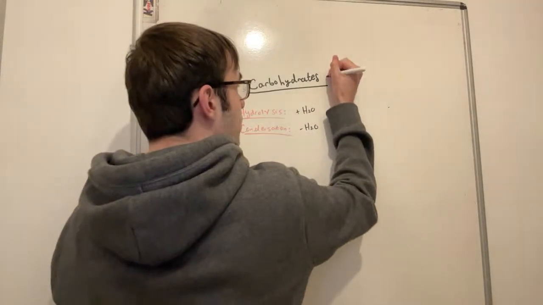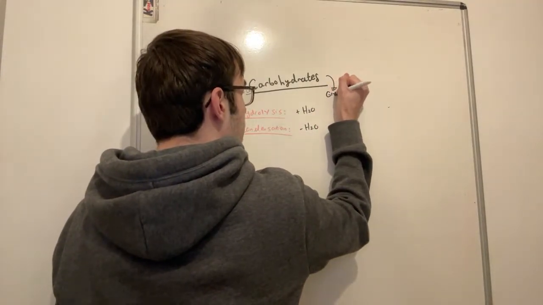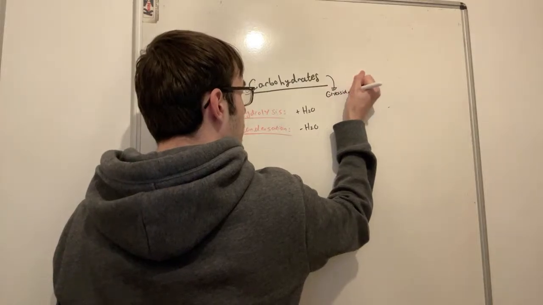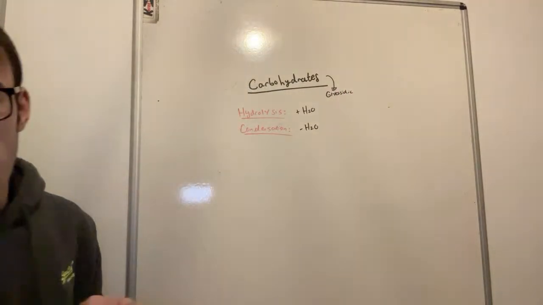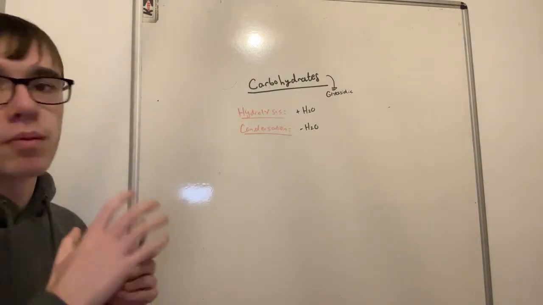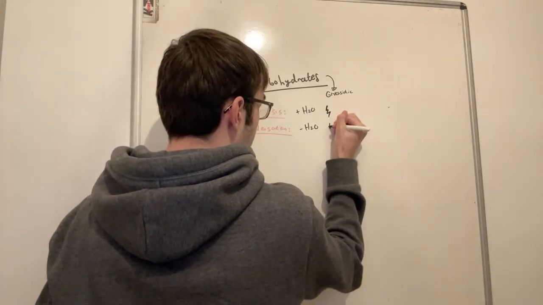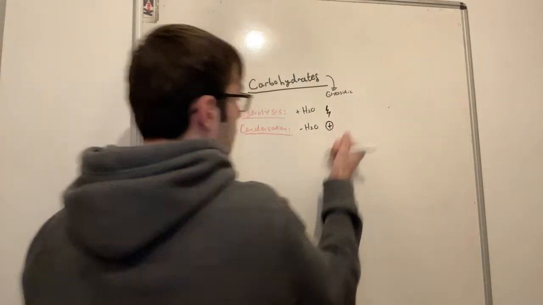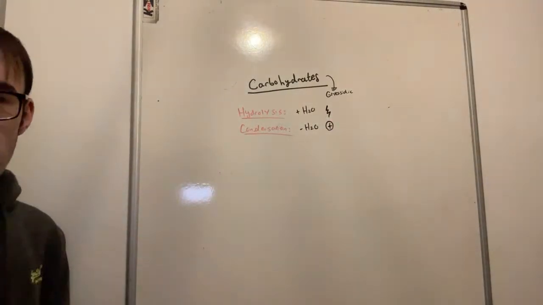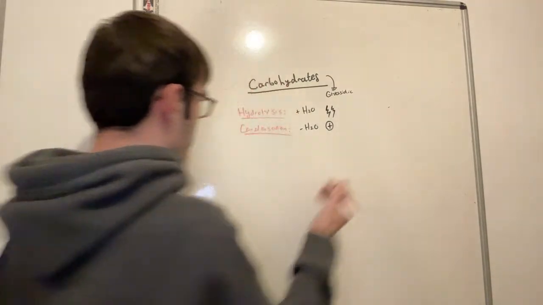For carbohydrates, the bond type that we're looking at is going to be glycosidic. So, glycosidic bonds, a hydrolysis reaction will break apart. A condensation will combine or bond.